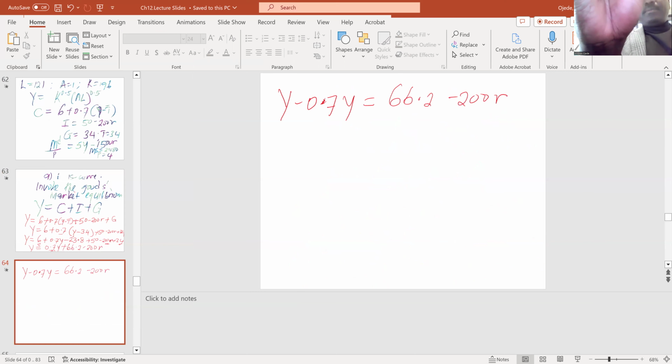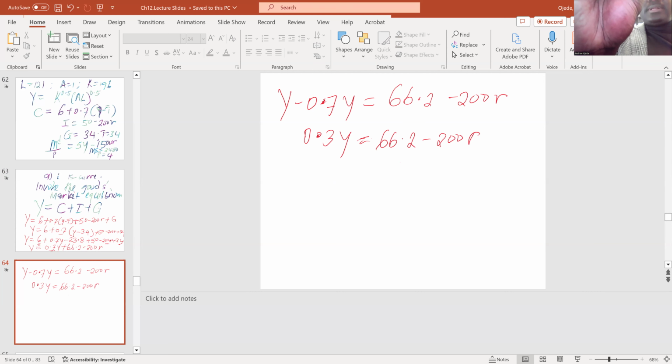So Y minus 0.7Y, that is 0.3Y, must equal 66.2 minus 200R.